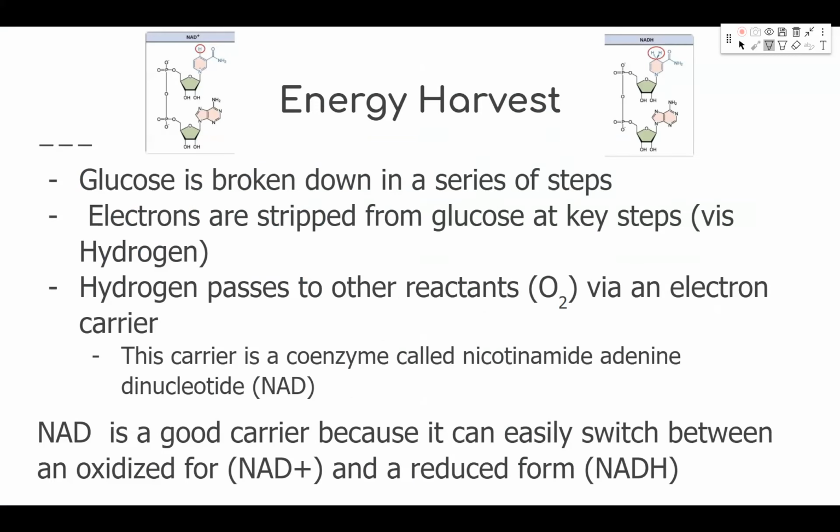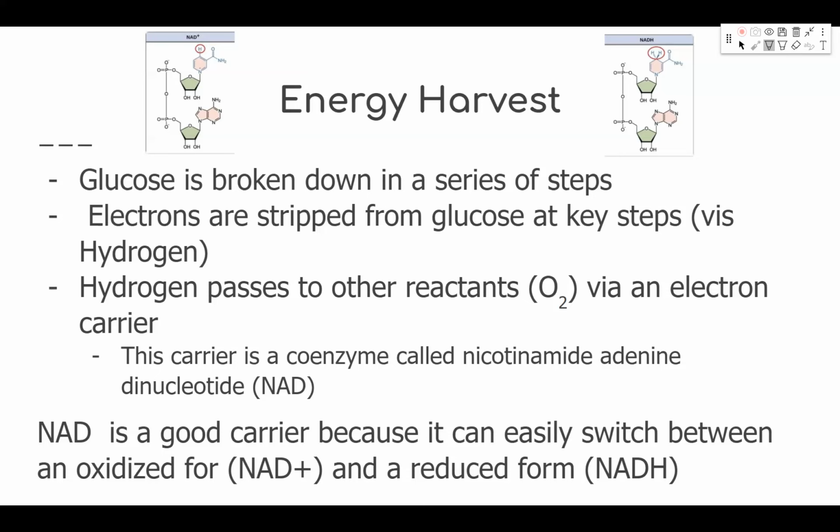So, energy harvest. Again, it is these 3 steps. I know it looks a little wonky. First things first, glucose is broken down in a series of steps. We're going to talk about them the week we get back. We're going to talk about glycolysis and the Krebs cycle.